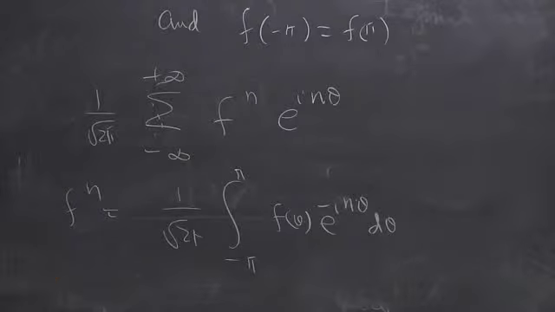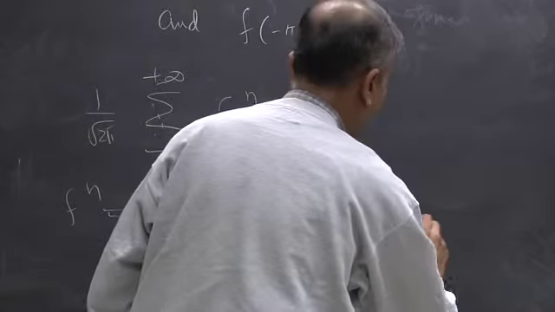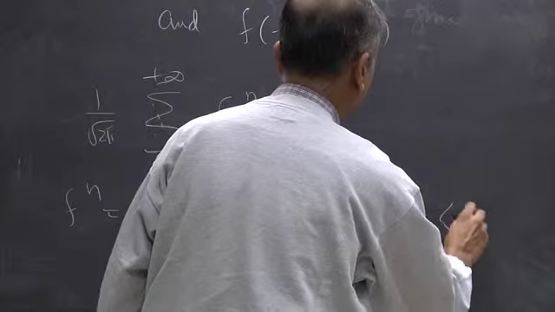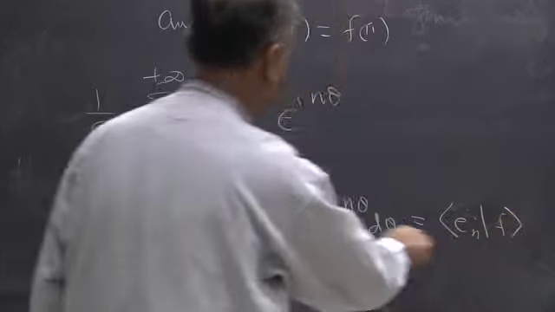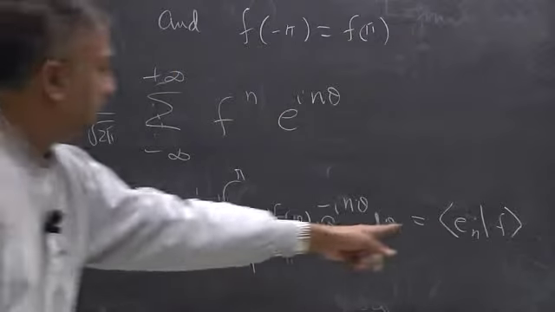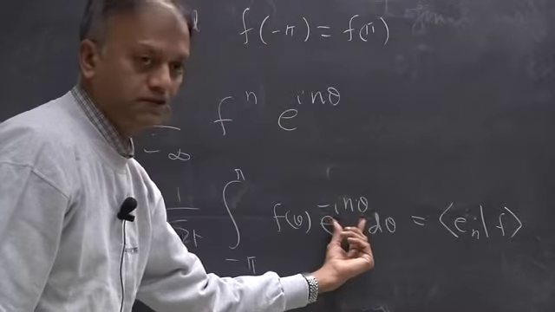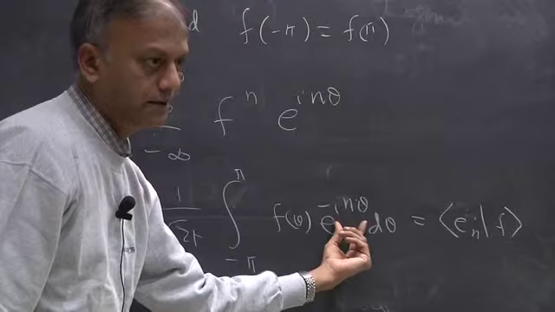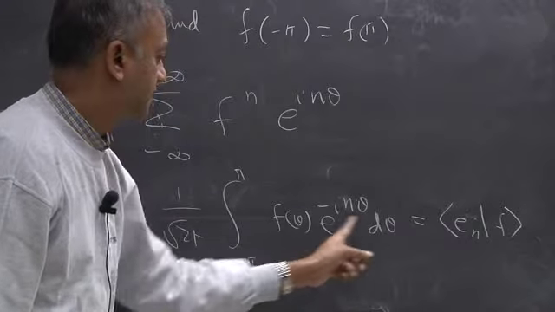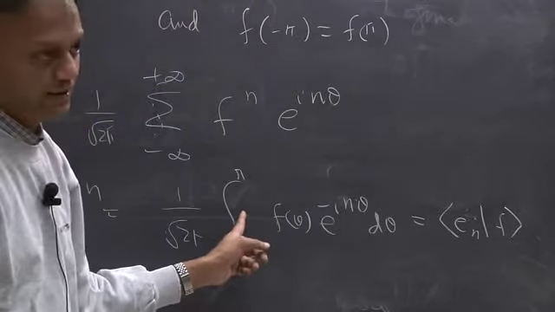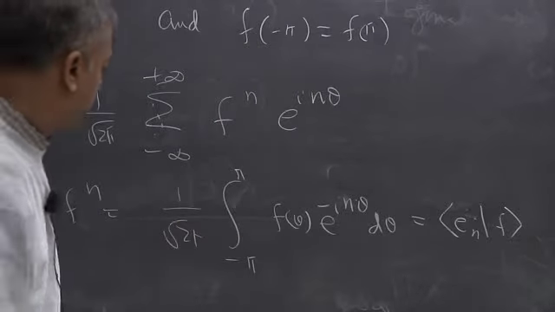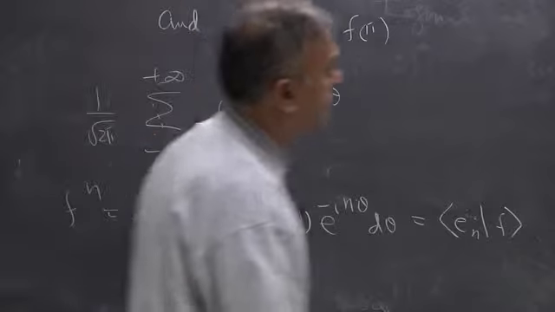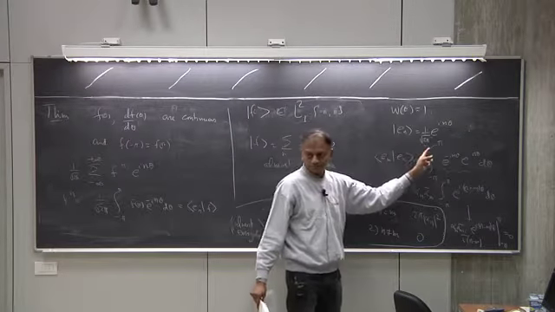In this notation we would call this en f. You have to take the dual vector, so it becomes the complex conjugate, e to the minus i n theta, and then the integral of f theta d theta. The weight function is 1, which is why I don't have it here. And this 1 over root 2 pi simply comes from the normalization.